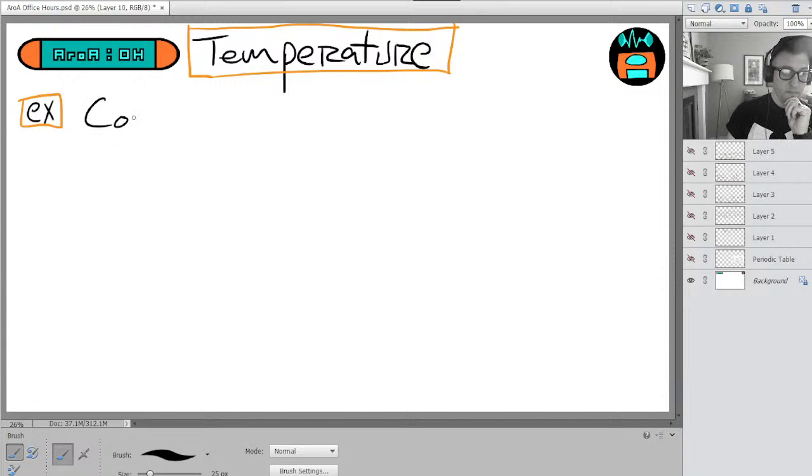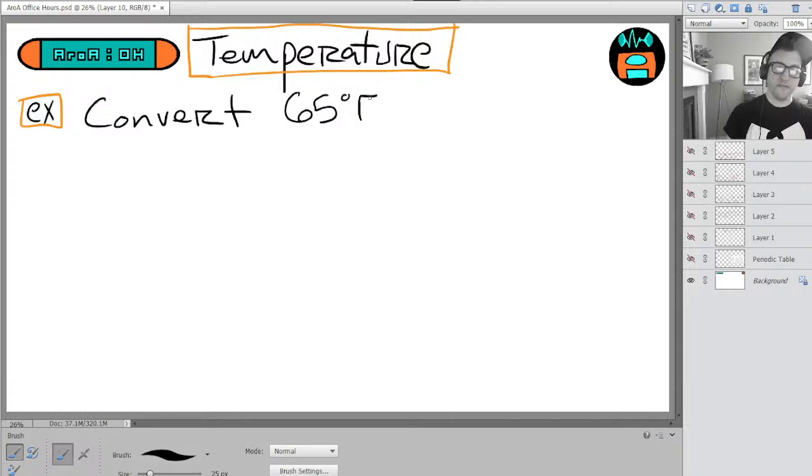So let's convert 65 degrees Fahrenheit, which is about our temperature outside, to degrees Celsius. All right, so we've got to use the equation that converts Fahrenheit to Celsius.